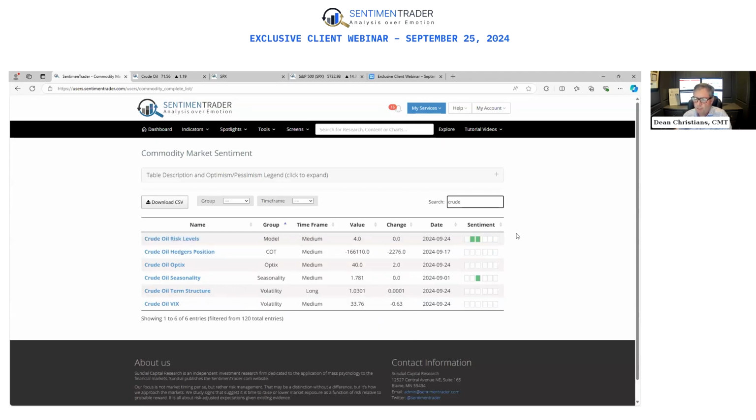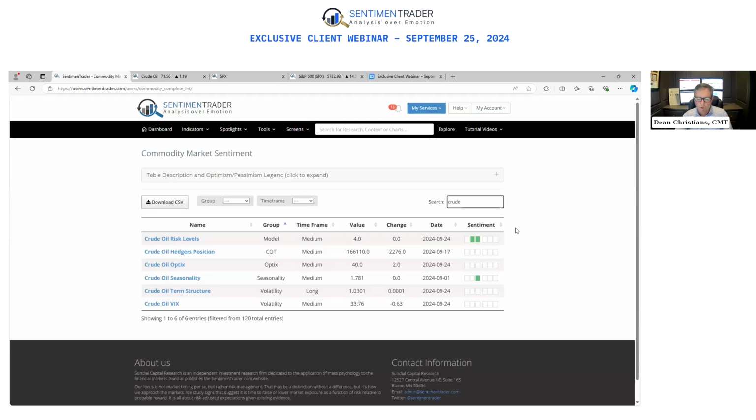Yes, it tells me sentiment is optimistic, and when sentiment is optimistic, we need to be mindful that a given market could reverse to the downside. If sentiment's pessimistic, it could reverse to the upside. But the goal here is to provide you with those threshold levels, which you see in our charts. So if above this level, crude oil is going to annualize this. If below that level, crude oil will annualize this. That will give you a much better framework to say, oh, wow, we just had this multi-month run.